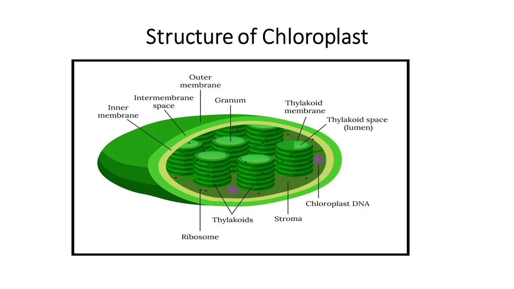A chloroplast has 40 to 60 grana in its matrix. A granum is composed of 10 to 100 thylakoids. The thylakoids contain the pigments, namely chlorophylls and carotenoids. The grana of the chloroplasts are interconnected by membranous tubules known as stroma thylakoids or frets. They are devoid of the pigments.